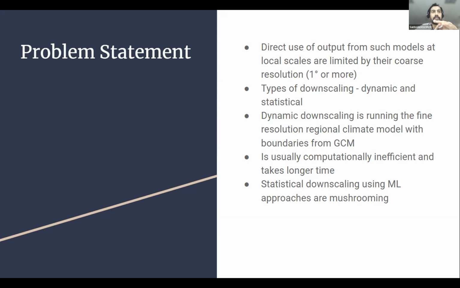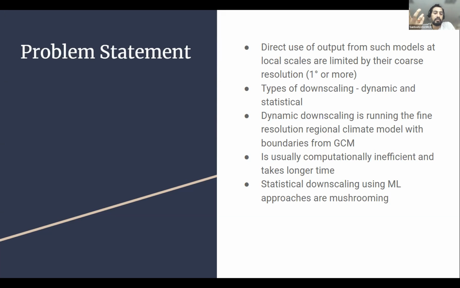The dynamic downscaling is similar to running the global circulation model, but at a finer resolution and at a regional scale with the boundary condition from the GCM. But this requires very high computational power, and it doesn't yield the output in a timely manner.